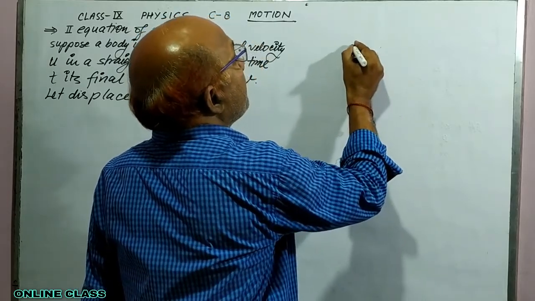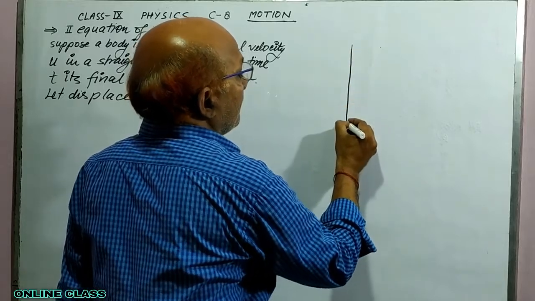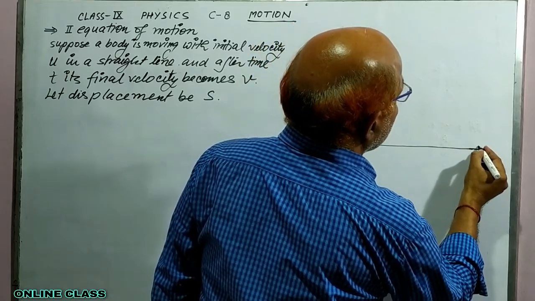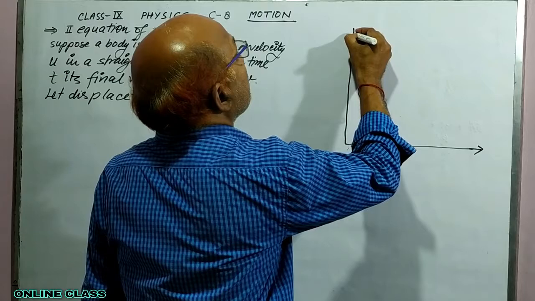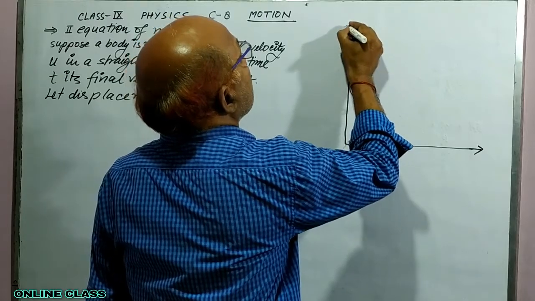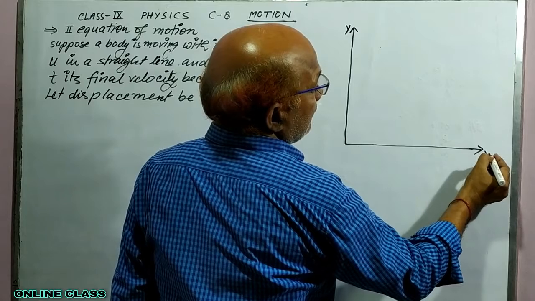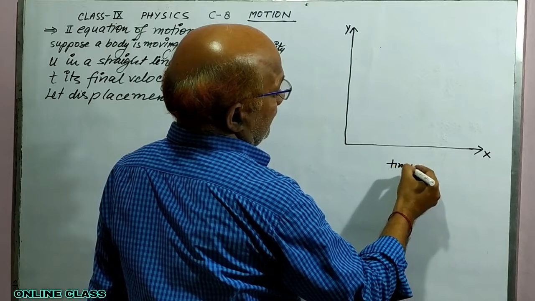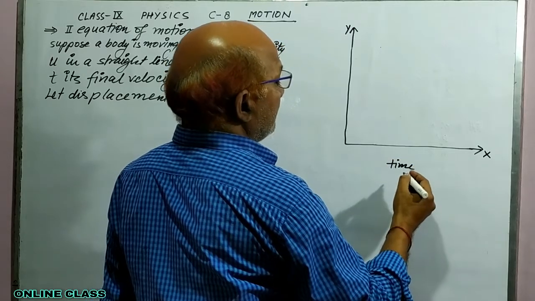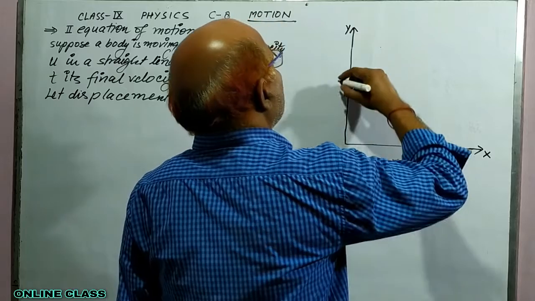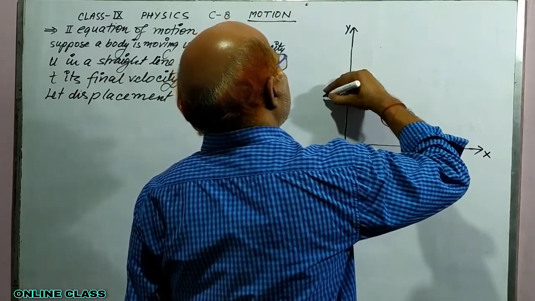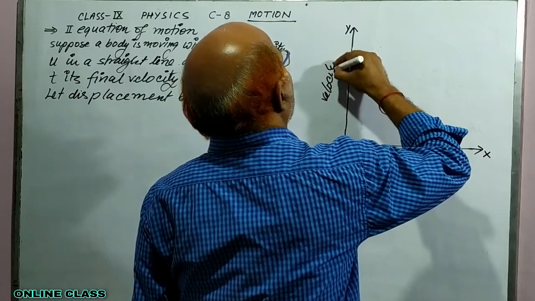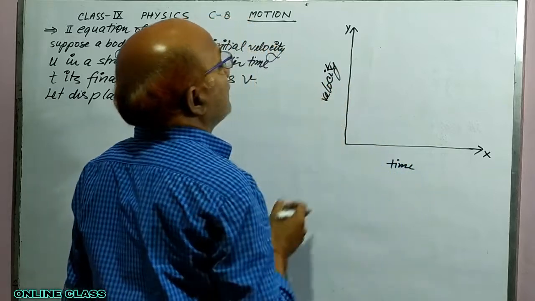So, let us see. On x axis we represent time and on y axis we represent velocity.